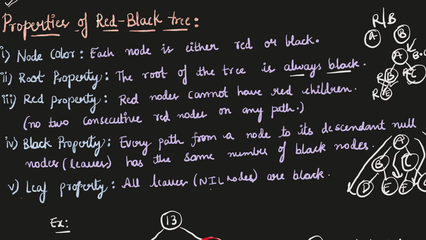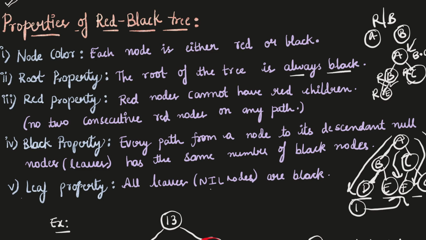The number of black nodes in each path is the same. Suppose if you take the first path, that is A, B and D, and the number of black nodes is 1. So in all the paths, the number of black nodes should be 1. Then only it satisfies the property of red black tree.